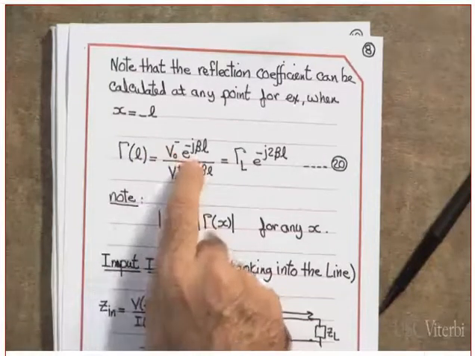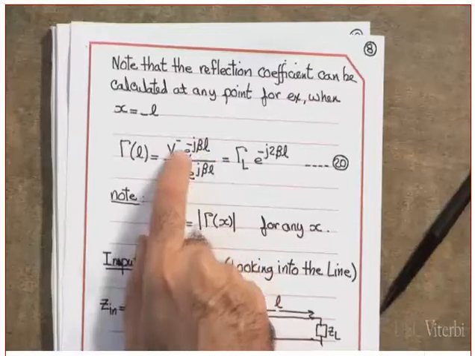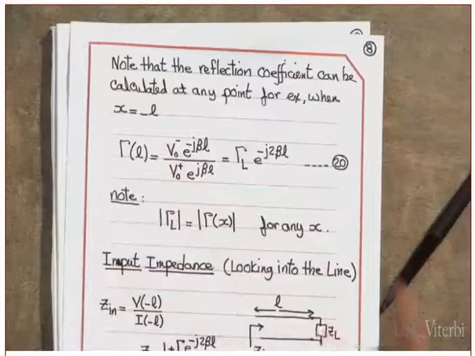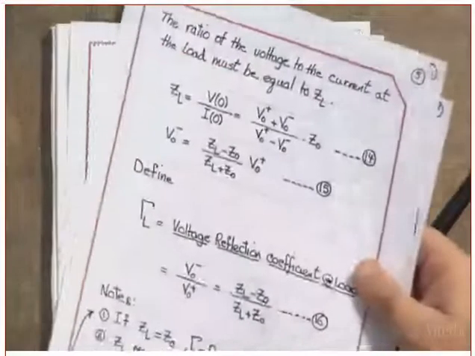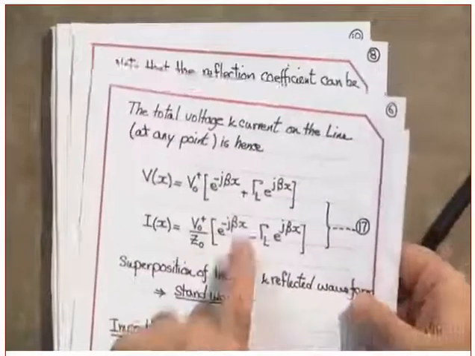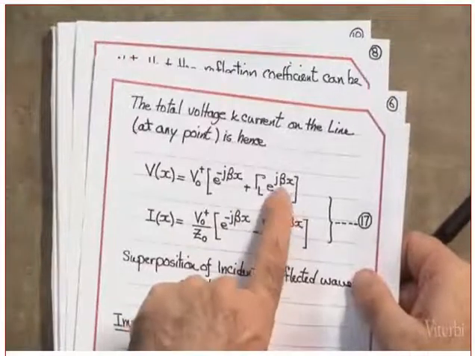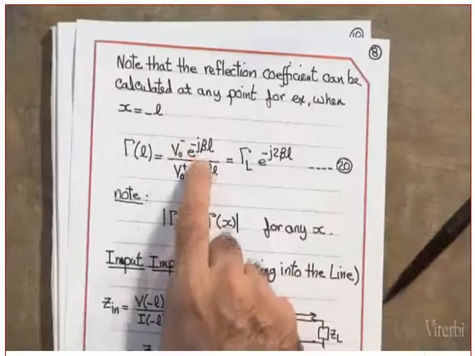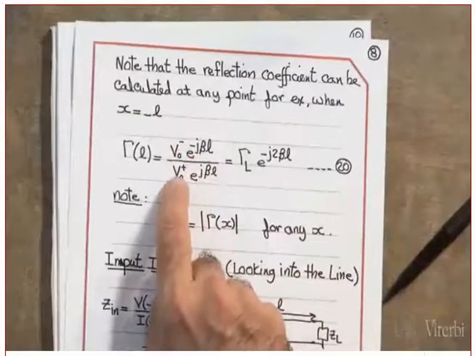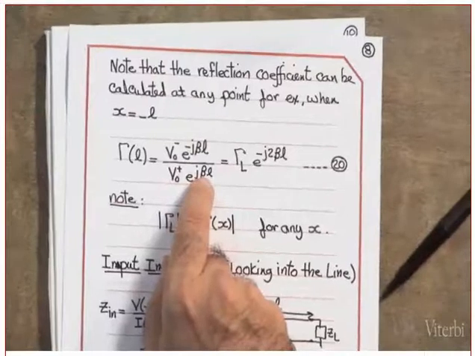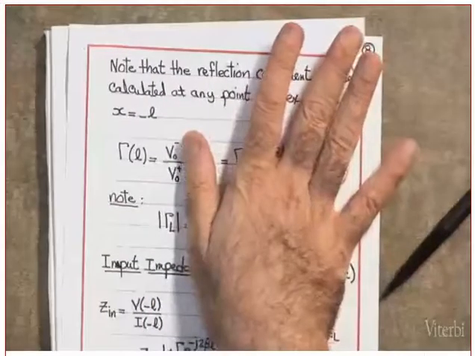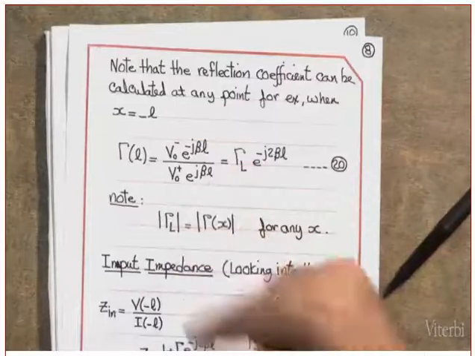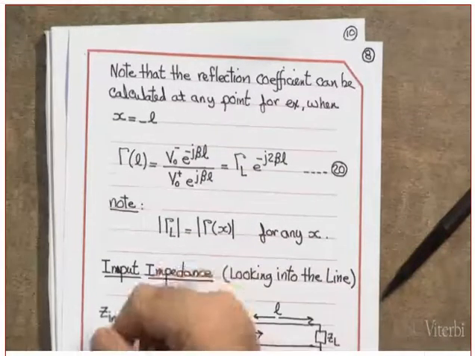V naught minus e to the minus j beta L over V naught plus e to the j beta L. Why is it now minus? Because we substituted x to be minus L. But what is V naught minus over V naught plus? It's gamma L. Did you get my point or not? This L is at the load.